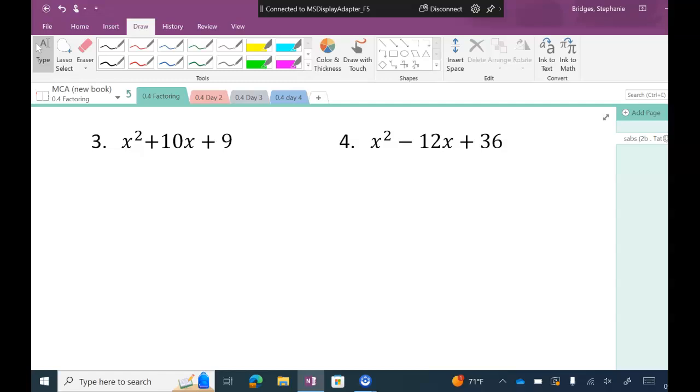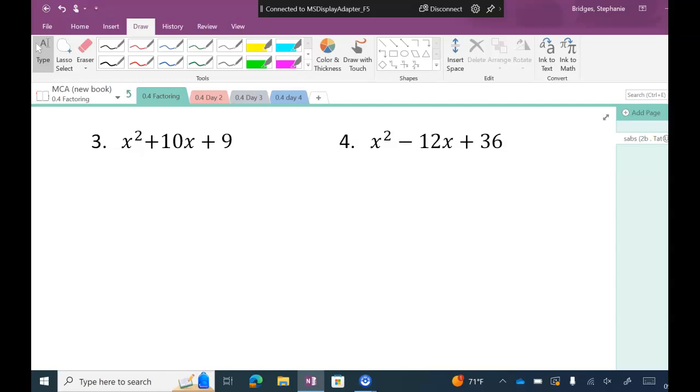And when I talk about the second one, I'm referring to that one. Okay. So if your second sign is a plus, you are looking for numbers that multiply to give you this, that add to give me that middle term. I don't care about the other signs yet, okay?